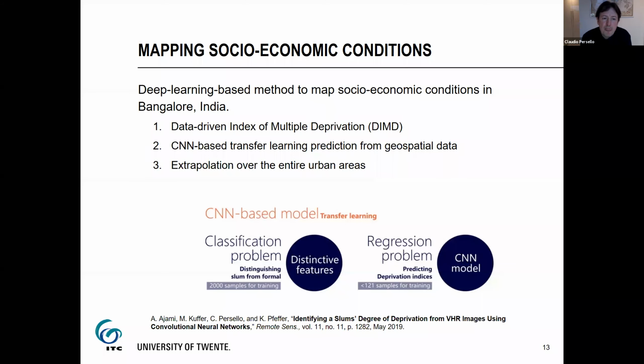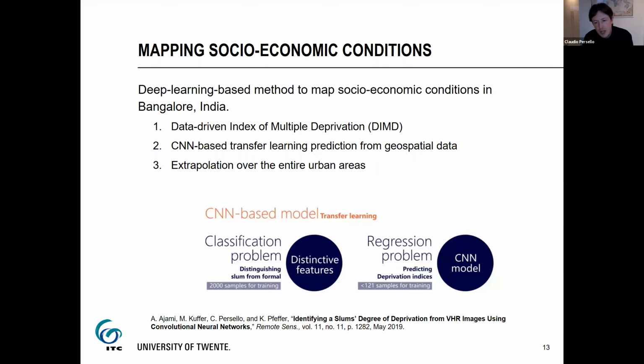And the idea is then to model the problem as a regression, to predict a continuous valued index of multiple deprivation. First of all, the method can be presented in three steps.